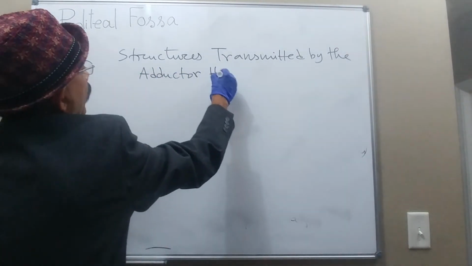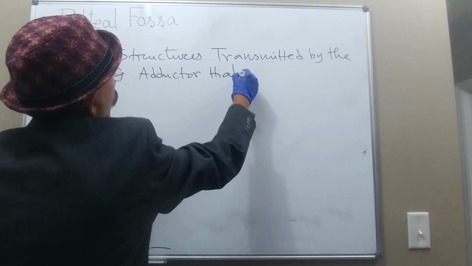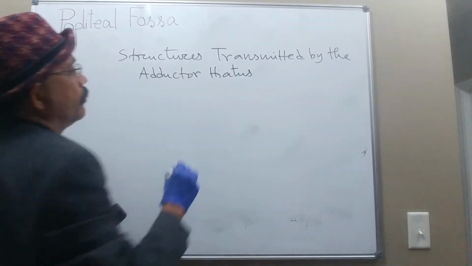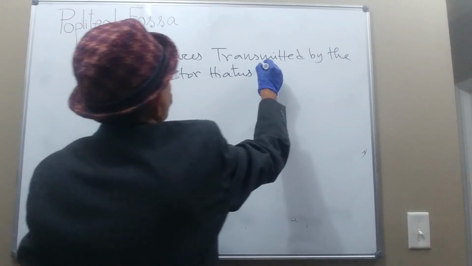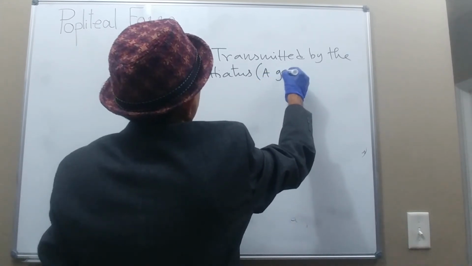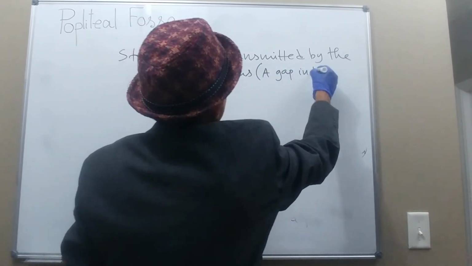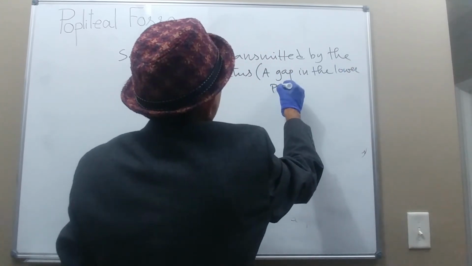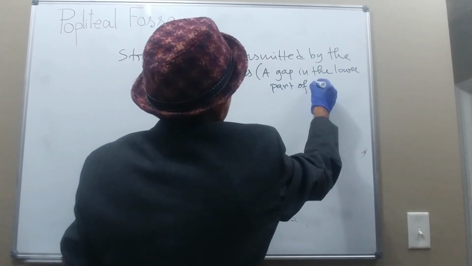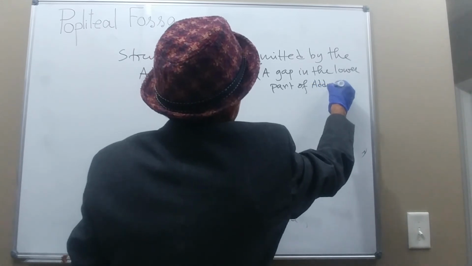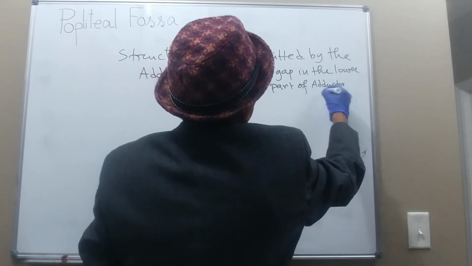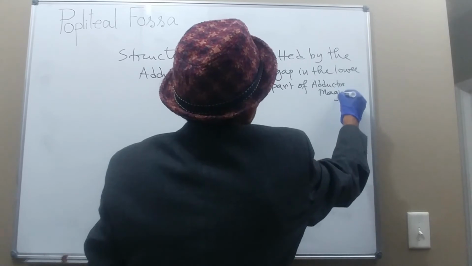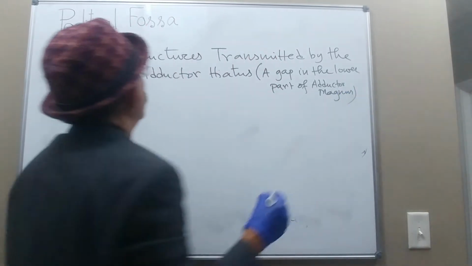The adductor hiatus is a gap in the lower part of the adductor magnus. Okay, we got that.